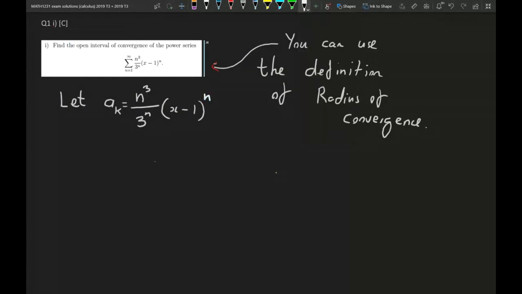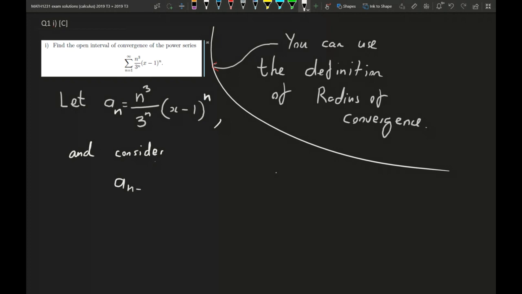All right, so we have this definition here. So we have a_k. Okay, well, immediately I'm making a mistake because one says k, one says n. So let's fix that. a_n is this expression here. To apply the ratio test, you need to consider what is happening to the ratio of the next term compared to the previous term, telling you how big the next term is compared to the previous term.